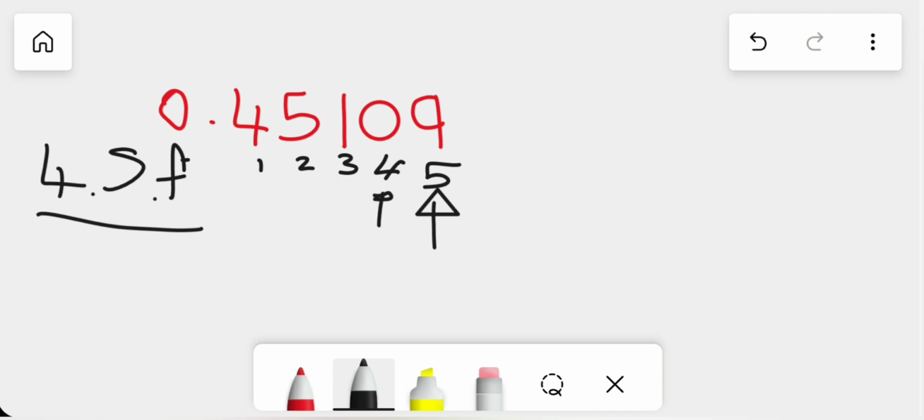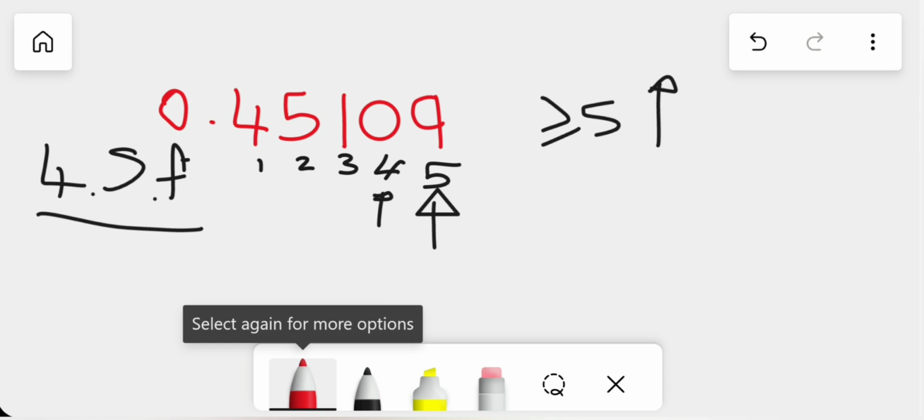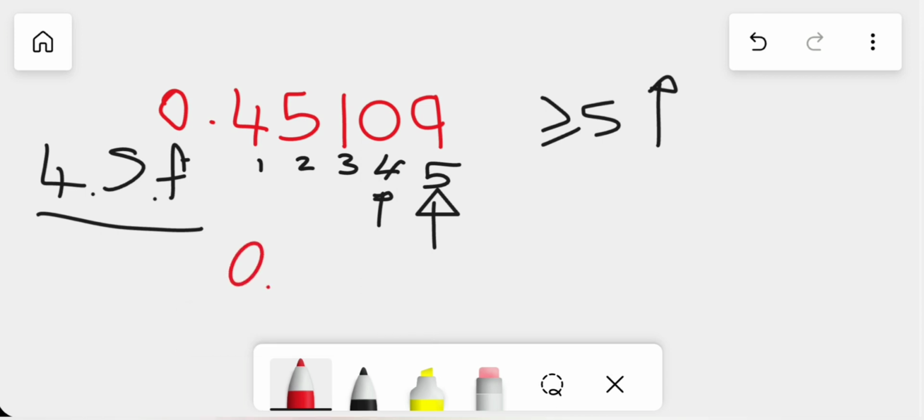Yes, you guessed it right. It's greater than or equal to 5, meaning we're going to round up. That means we add 1 to the 0, which would make it 0.4511, and you guessed it, 1.